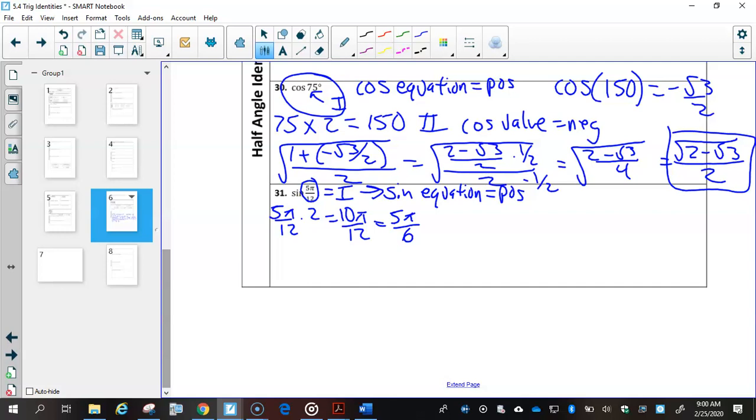Five pi/6 is in which quadrant? The second. So sine's value will be positive. And what is the sine of pi/6? 1/2.